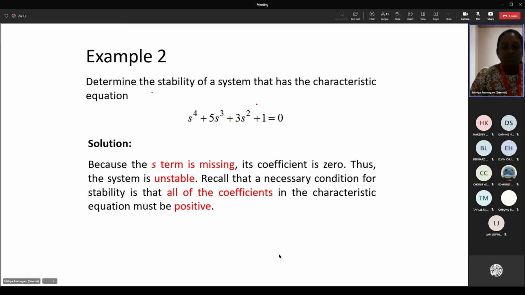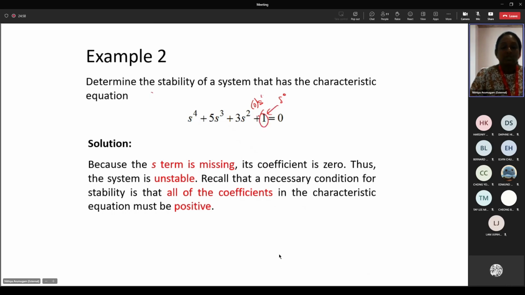But the s term is not expressed here, meaning its coefficient is equal to 0. The coefficient in front of the s is equal to 0. That's why it disappeared already. And then s to the power of 0 is the 1.